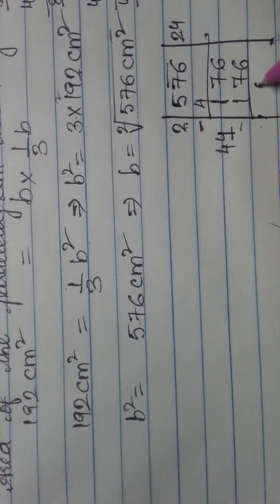Now let us take 44 into 4, 4 4s are 16, 16 plus 1 is 17, 176 exactly you got. So this is 44 into 4. So the remainder is 0. The square root, the answer is 24.